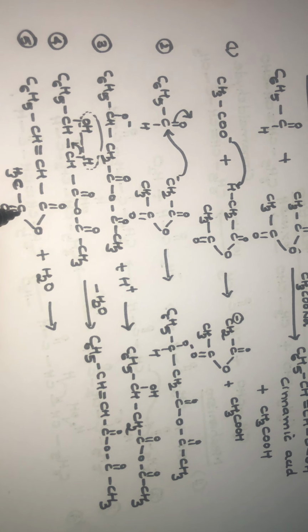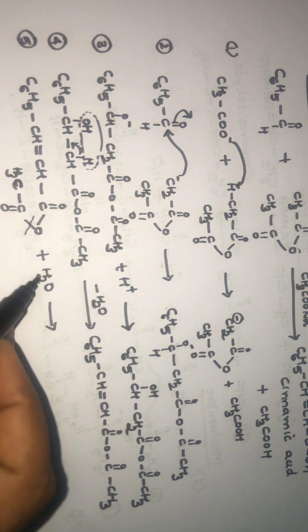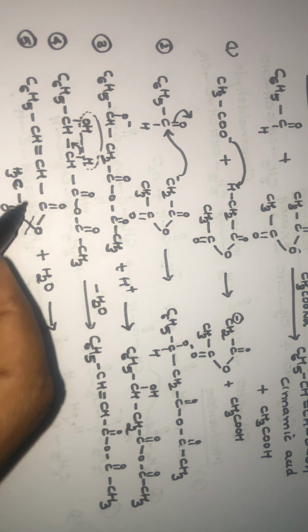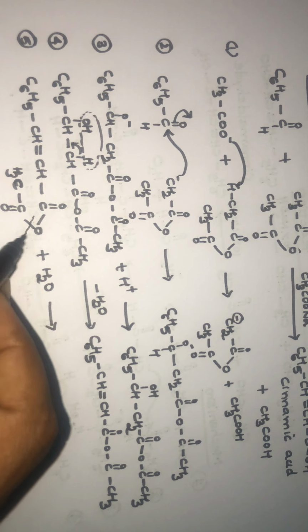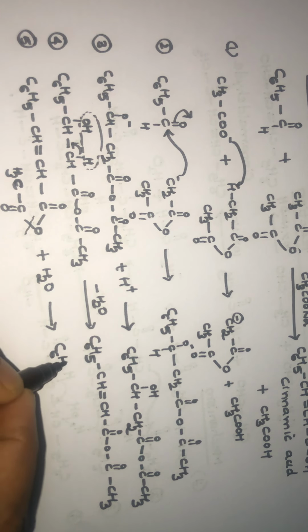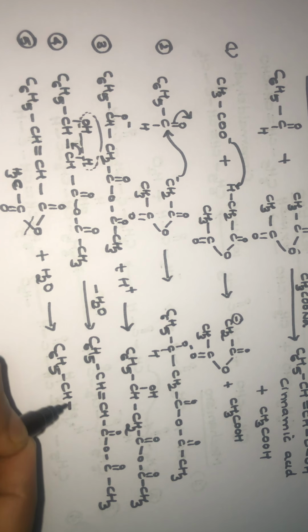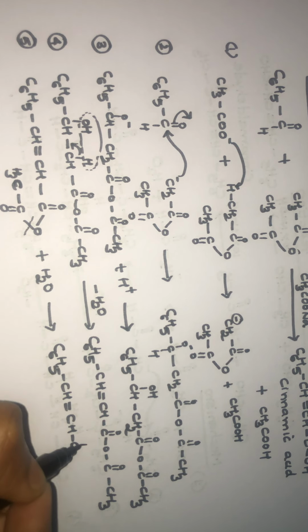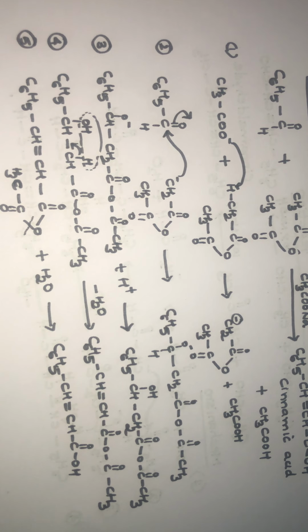A water molecule attacks here and the bond breaks, that means addition of H and OH takes place. O minus gets converted into OH. So you get C6H5 CH double bond CH C double bond O OH, plus CH3COOH. So this yields the cinnamic acid.